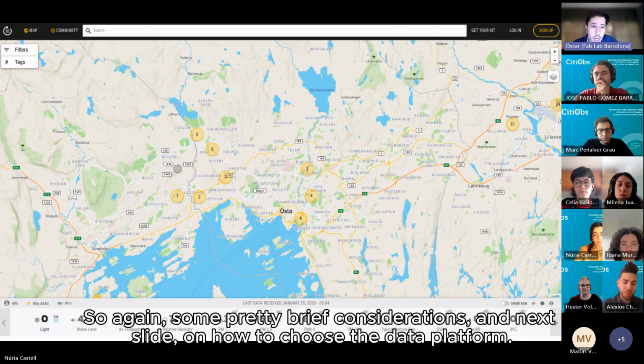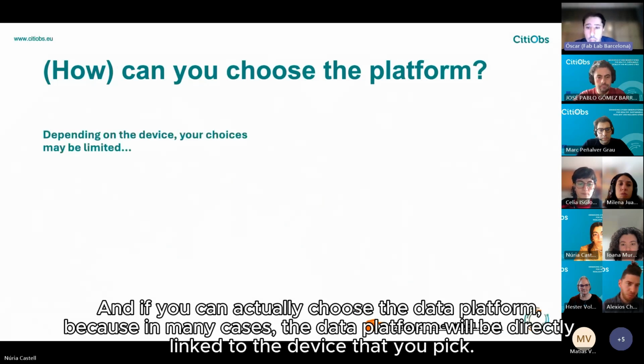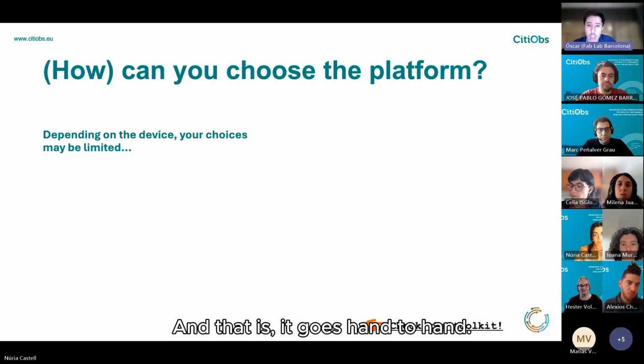So again, some very brief considerations on the next slide on how to choose the data platform, and if you can actually choose the data platform, because in many cases the data platform will be directly linked to the device that you pick, and it goes hand in hand.